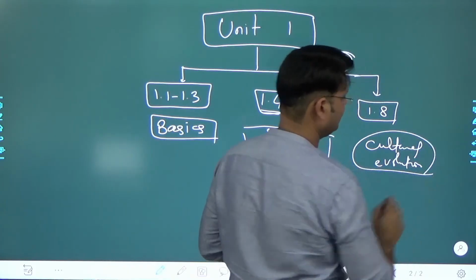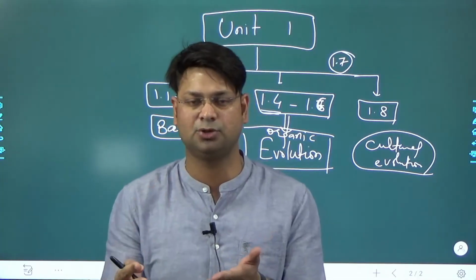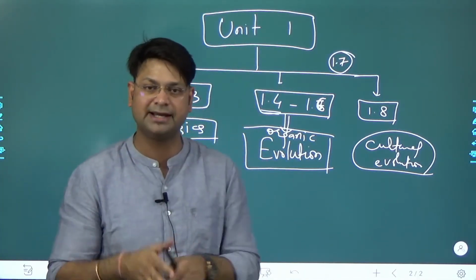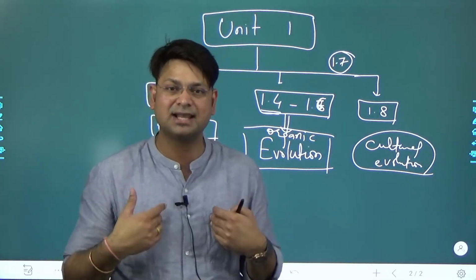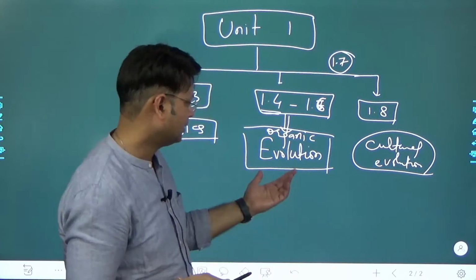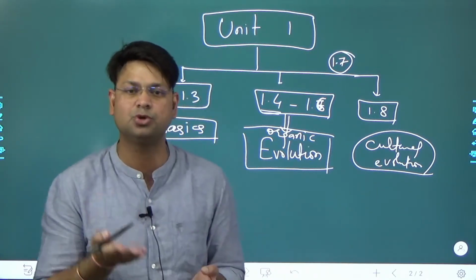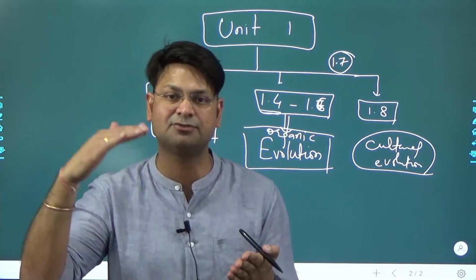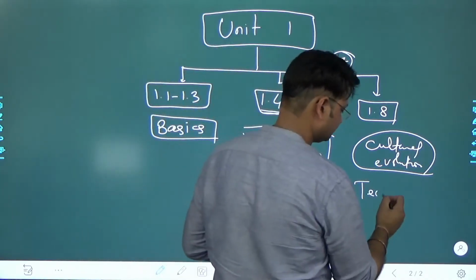So here in unit 1 we are trying to understand biological evolution and cultural evolution: how we as biological beings came into being, where we came from, what makes us like this. That is the biological aspect. And the cultural aspect is the evolution of cultures, the different stages of cultural evolution, or you can say technological evolution.